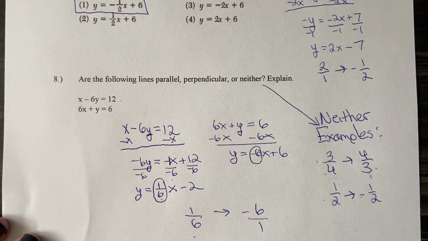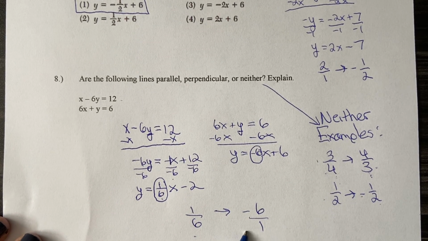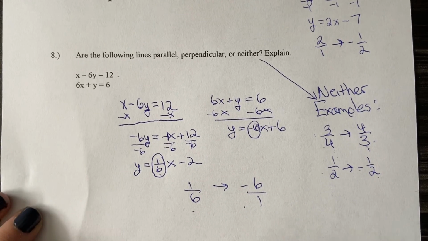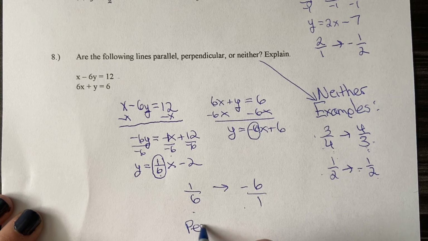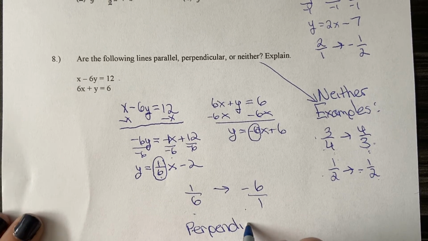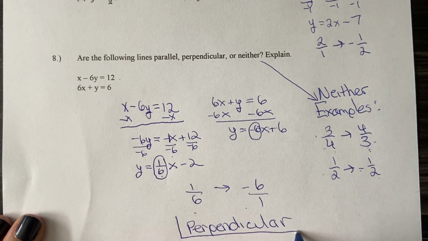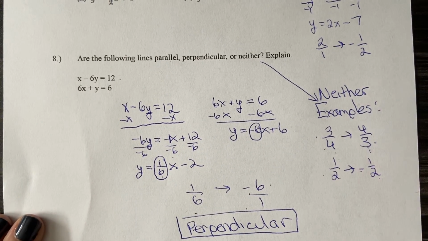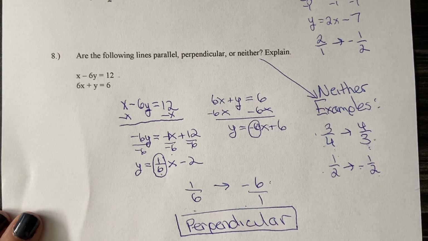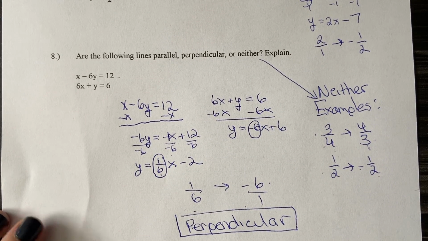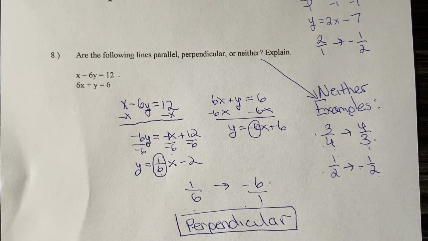So as you can tell, these ones are negative reciprocals to each other. So the answer would be the lines are perpendicular. Okay, because their slopes are negative reciprocals. Okay, so now try the homework and then check your solutions online with my video. Okay, thanks.